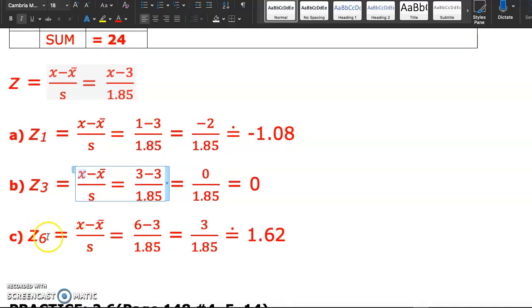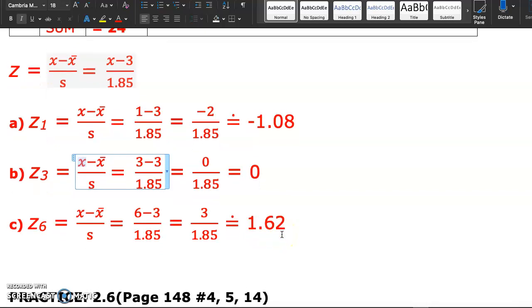Notice that for the z-score of 6, the value is to the right. We have a positive value in the numerator for our deviation, so it's to the right of the mean. When we divide by 1.85, we find that it is +1. So 1 whole standard deviation to the right and 62% of an additional step to the right.